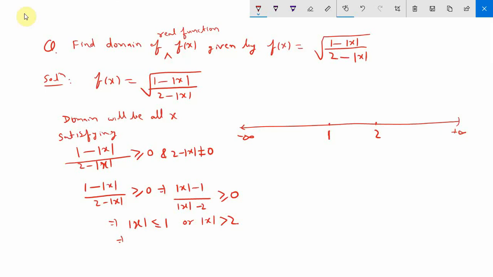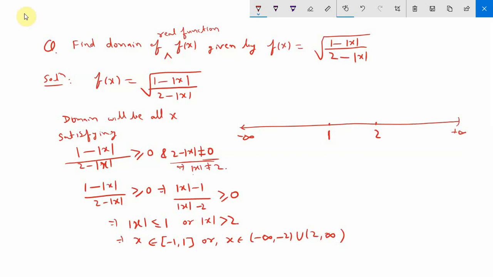So from this we get x is an element of [-1, 1], or x is an element of (-infinity, -2) union (2, infinity). x shall not be equal to 2 from here. From this we can write mod x is not equal to 2, or x is not equal to plus or minus 2. So it will be open at 2.